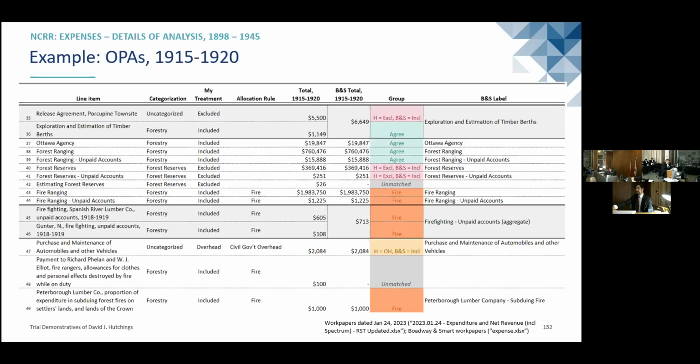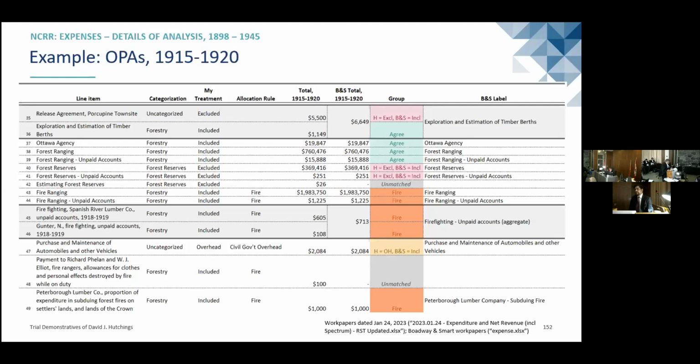The next two line items, 40 and 41, relate to forest reserves. Here we have a difference of opinion. In these years, it's large, but the program then disappears. So as we'll see later, it doesn't have a big impact in the aggregate, but in these years, it's meaningful. Forest reserves was a program to set aside certain blocks of forested land to restrict development, restrict access for settlement, and so on.